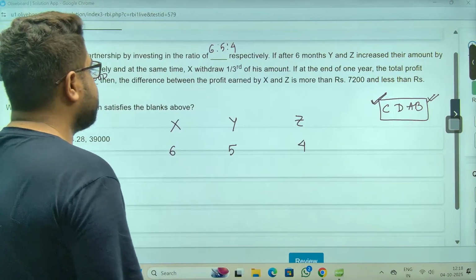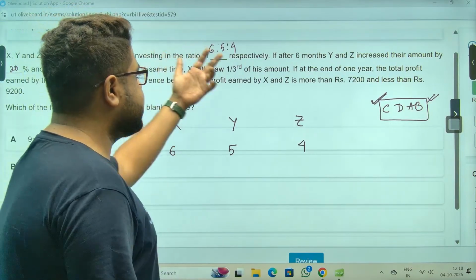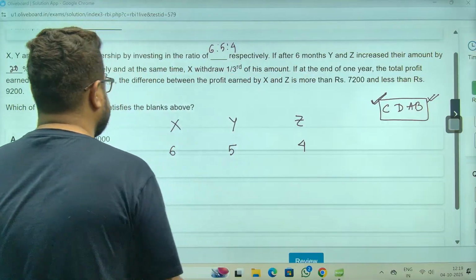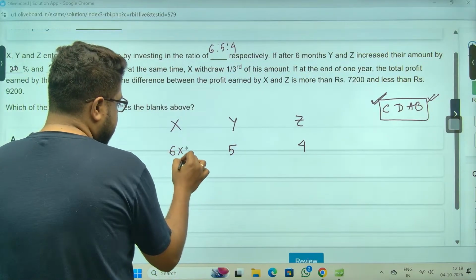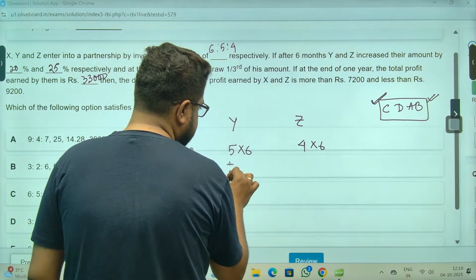Okay, increase this amount at the end of 1 year. Okay, 1 year of business. After 6 months, Y and Z increased by this. Okay, this was there for 12 months. This was there for 6 months. This was there for 6 months.